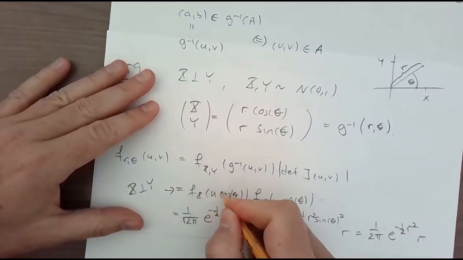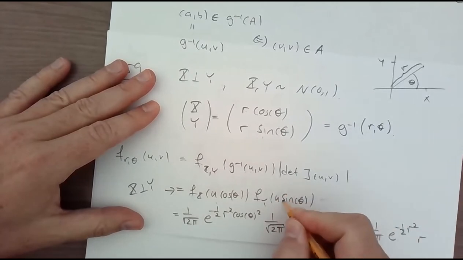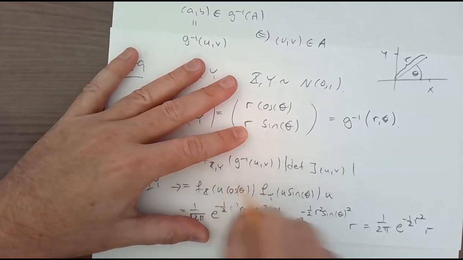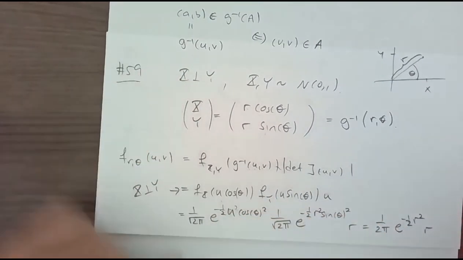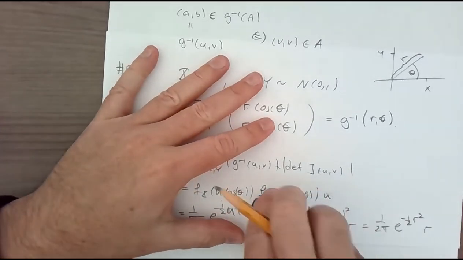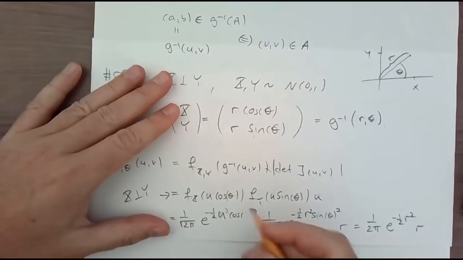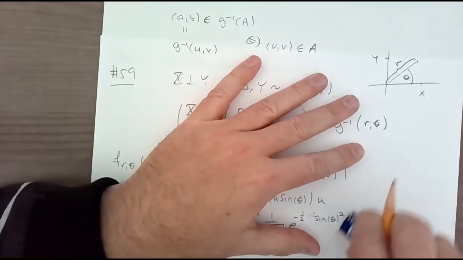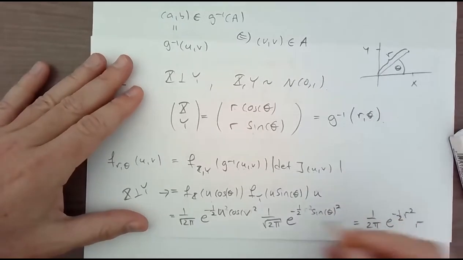This here is my u. This is my u. Like that theta there. This is not the random variable, right? This is my v.